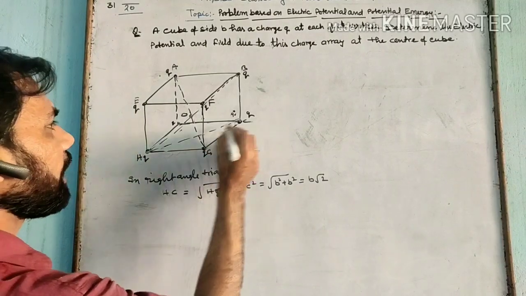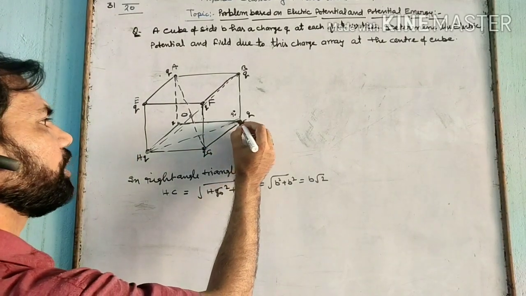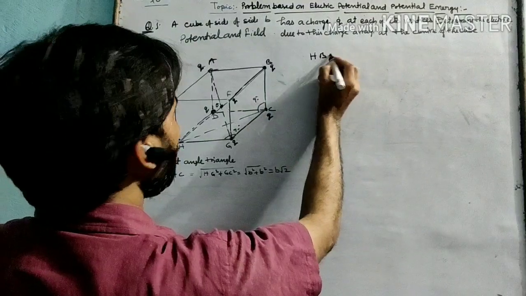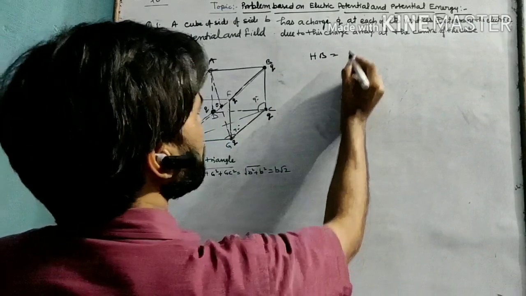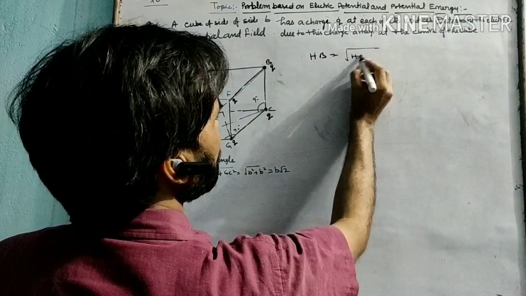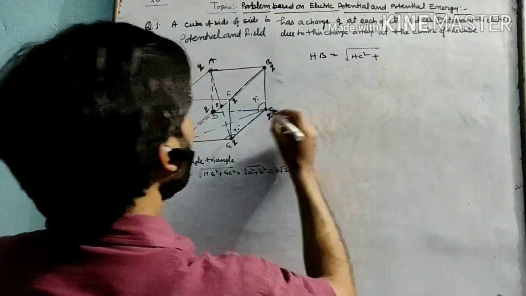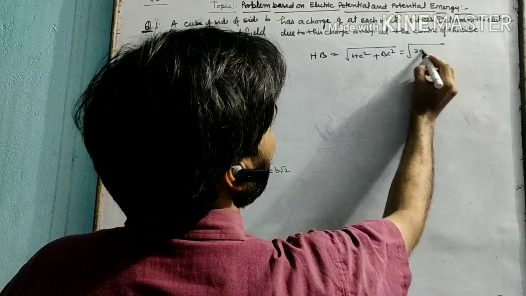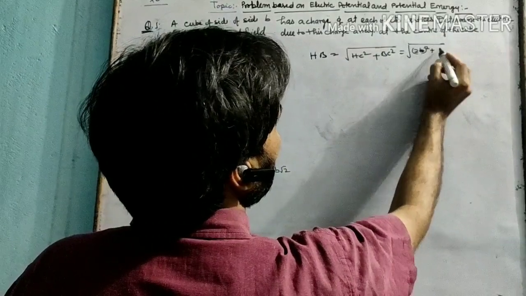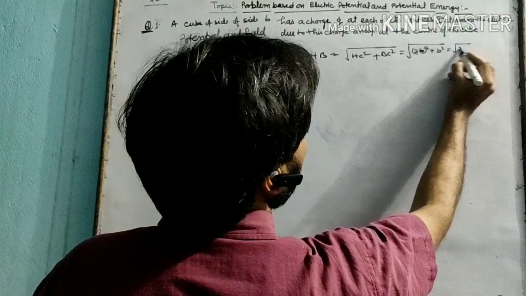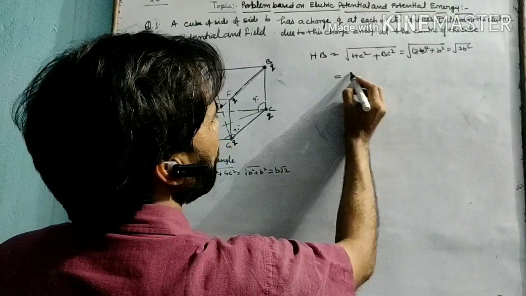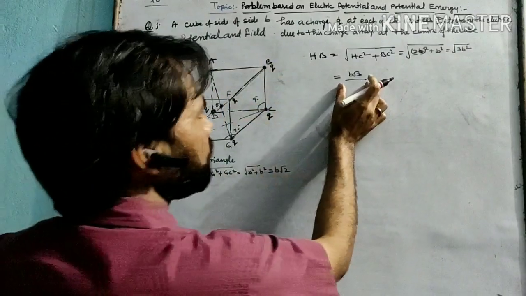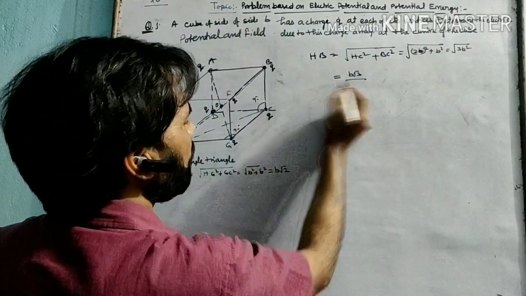Okay, this diagonal and this will also be at right angle. So HB is equal to, in this figure, under root HC square plus BC square, that is equal to under root 2b whole square plus b square, that is under root 3b square, or you can say b root 3. So the diagonal of this cube HB is equal to b root 3.